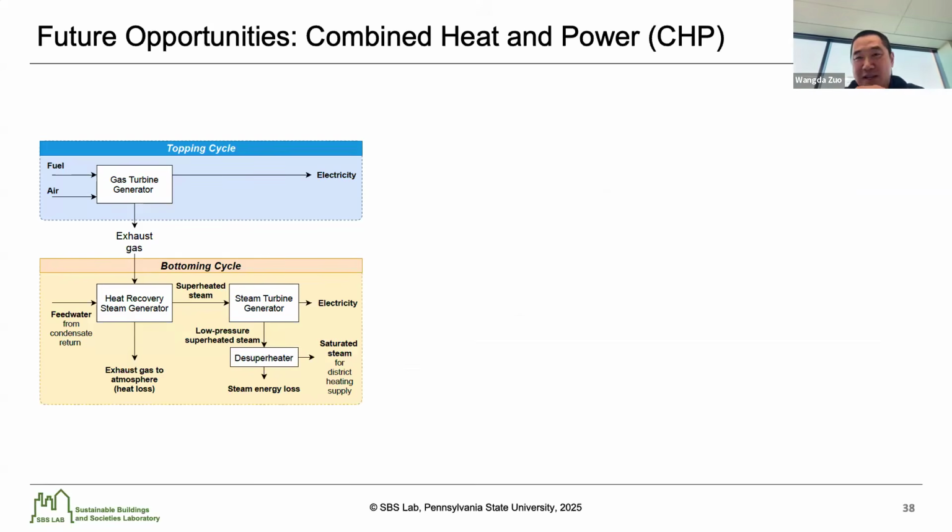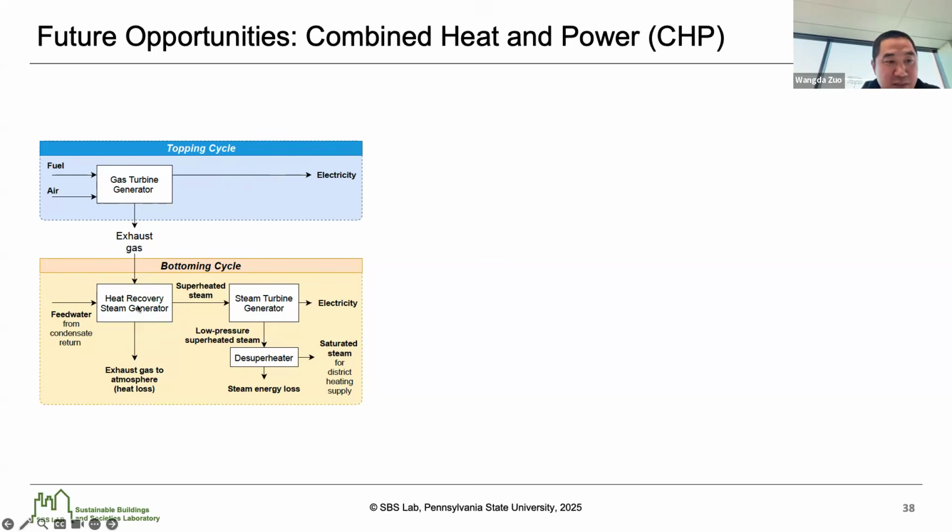This work was led by my former postdoc, Dr. Zhanwei He. What we do here is create a new CHP model which can support district energy system modeling. For the CHP, we include the topping cycle, really the gas turbine. When you burn the fuel, you can generate electricity, right?